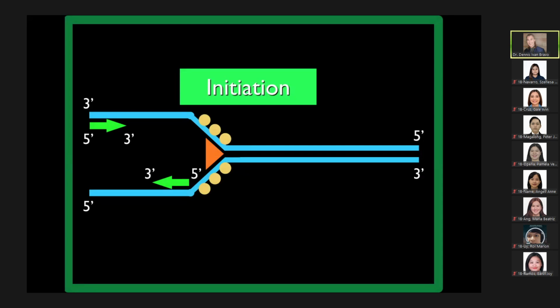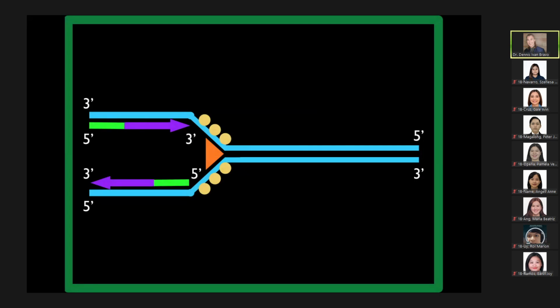They polymerize RNA. Now, once the primers have been laid down, the 3' end of the primers contain a hydroxyl group, which can be targeted by DNA polymerase and incorporate nucleotides to polymerize DNA in the 5' to 3' direction, as represented by the purple arrows.